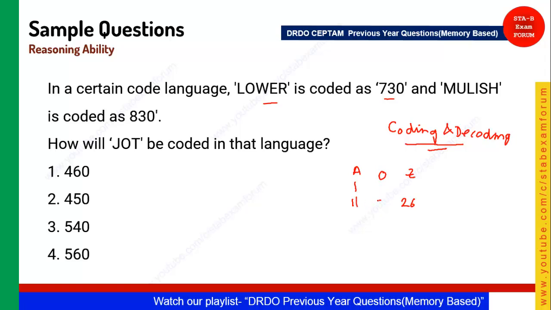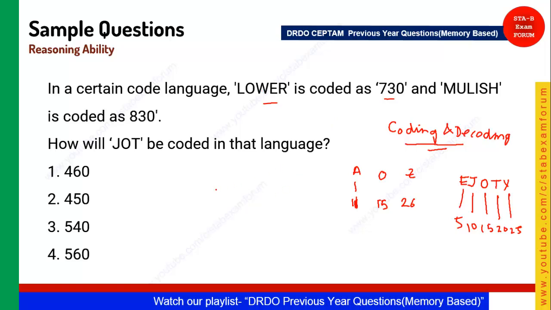There is a trick to remember all these positions. You must have used this trick earlier also. EJOTY. E position is 5, J position is 10, O position is 15, T position is 20 and Y position is 25. With reference to these positions you can decode these characters and alphabets.